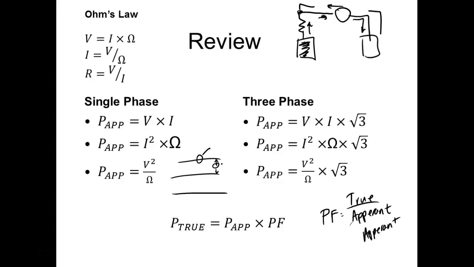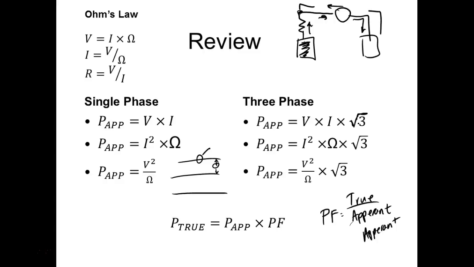This deals with some trig, by the way, but it comes out to be the tangent. But we're not going to talk about that, about an angle. This is what's easy to remember. Since it's 3-phase, you just multiply everything by the square root of 3, which is 1.73.